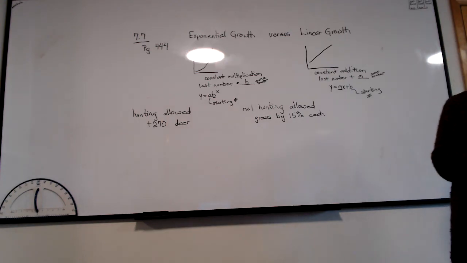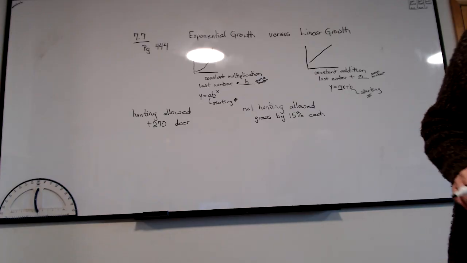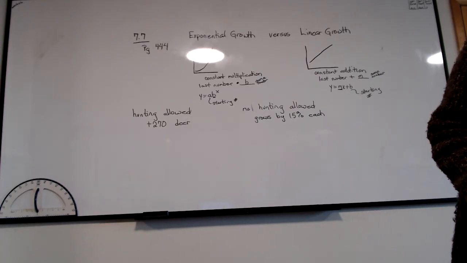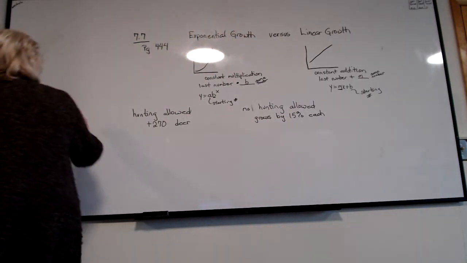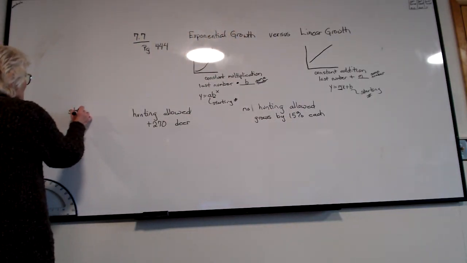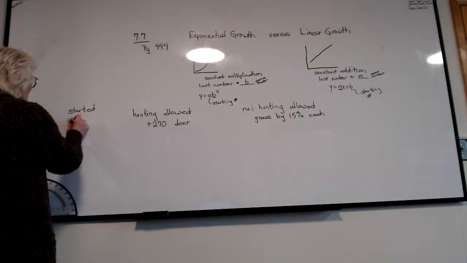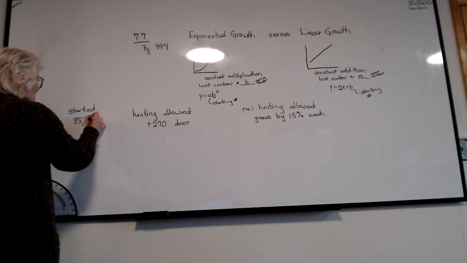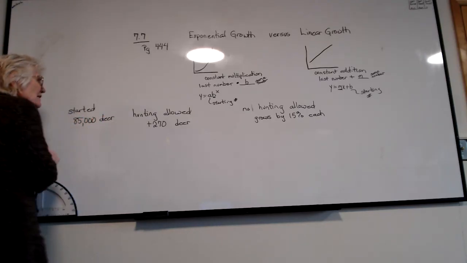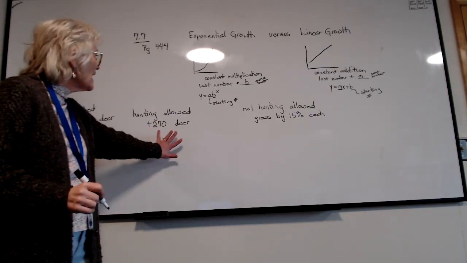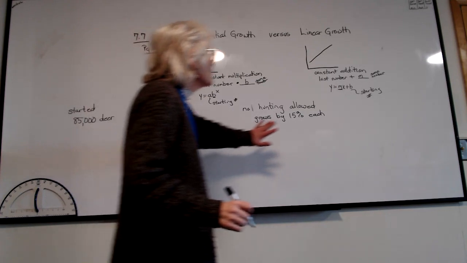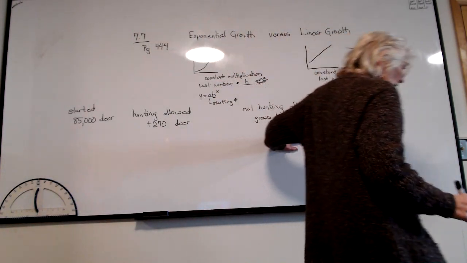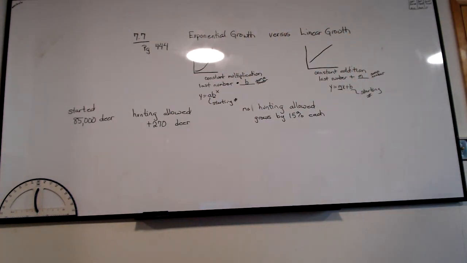Okay, so they wanted to figure out something. They started with 85,000 deer. That's their starting point. So I want you to write the equation for the linear model and write the equation for the exponential one here. Put those on your paper.